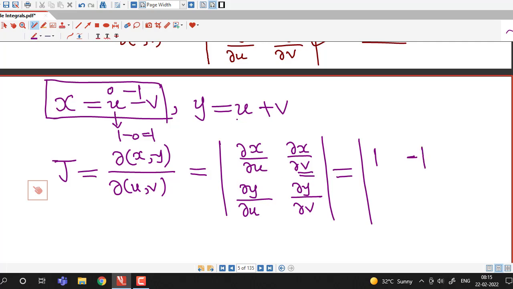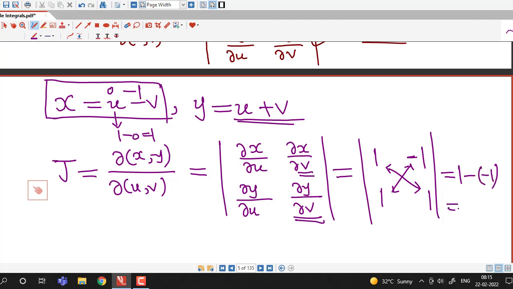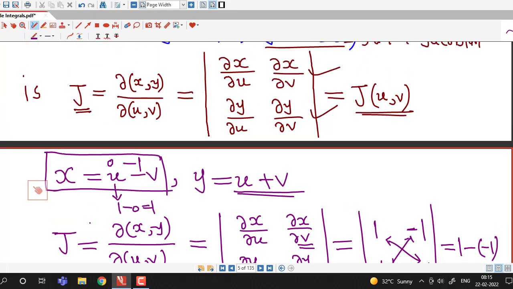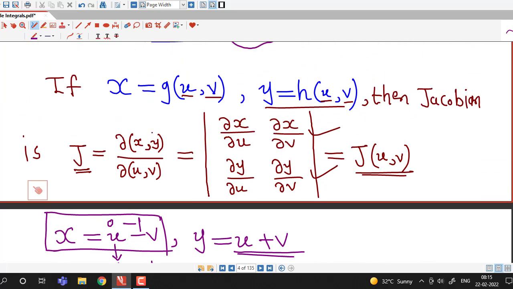Similarly, the partial derivative of y with respect to u is 1, and the partial derivative of y with respect to v is also 1. We evaluate this determinant: 1 into 1 minus 1 into minus 1, so we can see the Jacobian is 2. So it is easy to find the Jacobian of this type of transformation.